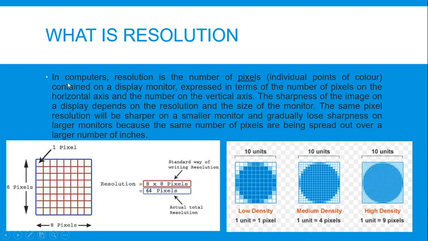And what is the definition? In computers, resolution is the number of pixels, individual points of color. These small units have equal dimensions, but the property they are associated with may be color, or it can be some physical property like amplitude.